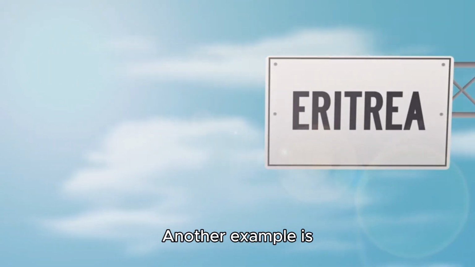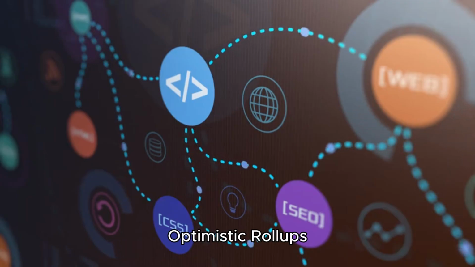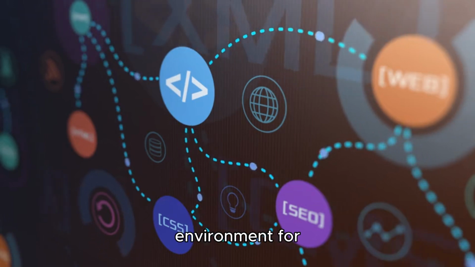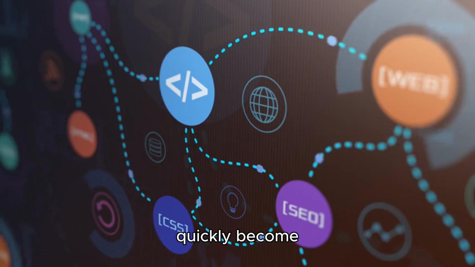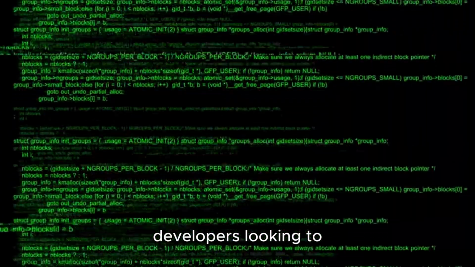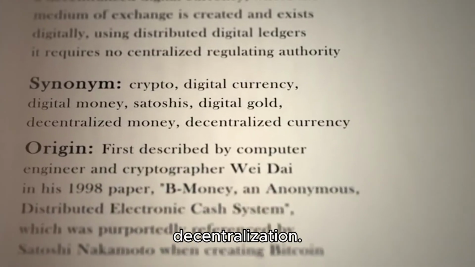Another example is Arbitrum, which also leverages optimistic rollups to provide a more scalable environment for Ethereum applications. These platforms have quickly become favorites among developers looking to scale their projects without sacrificing decentralization.